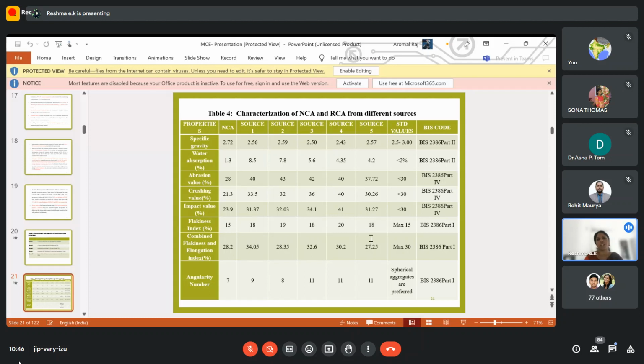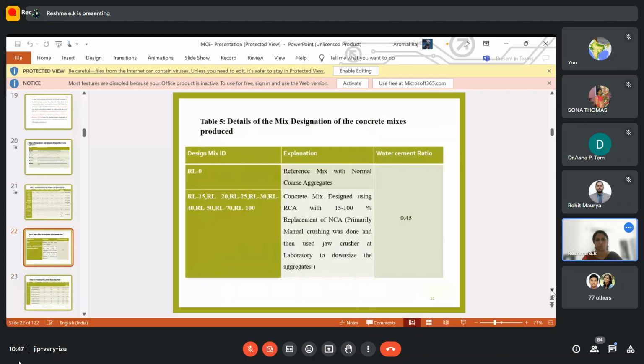It's not exactly the same as NCA, but comparatively it is better. One of the reasons to take that as a source is this. Another reason is it was very near to our college. It was easy for me to get the aggregates packed, and transportation was easy, so I could collect a larger amount of aggregates.